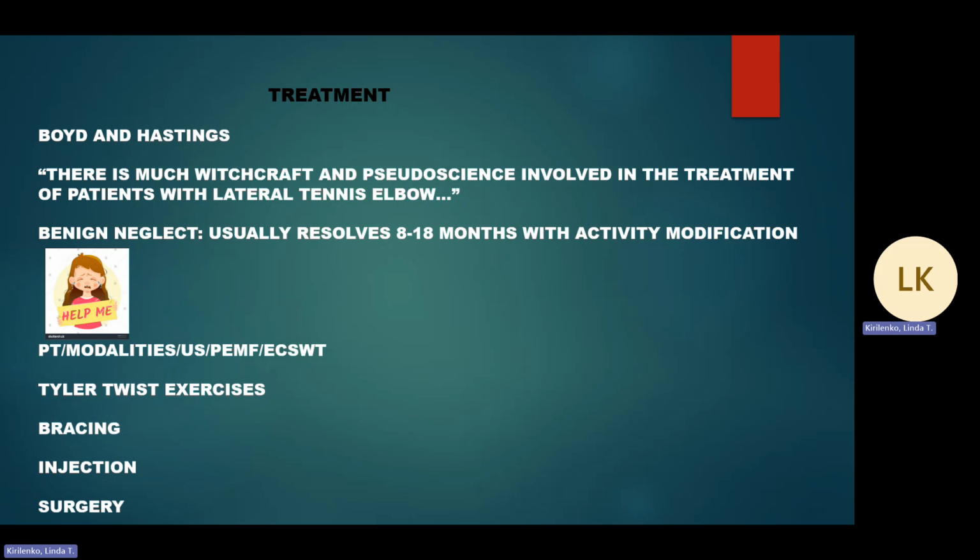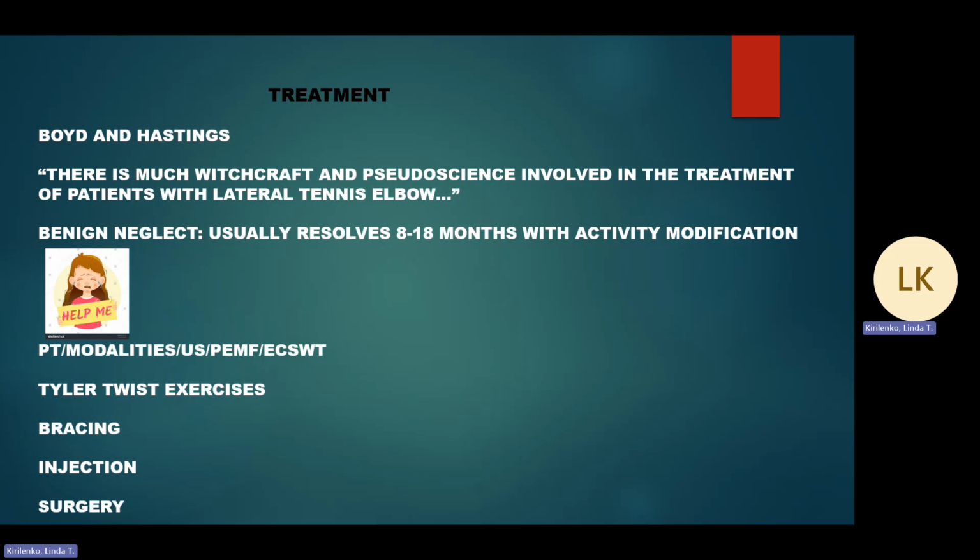And then treatment modalities that are available include physical therapy, ultrasound, pulsed electromagnetic field, and extracorporeal shockwave therapy. Tyler twist exercises, which are available on YouTube, are recommended. Some type of brace, counterforce, or above and below elbow bracing, or even cock-up wrist bracing is sometimes recommended.